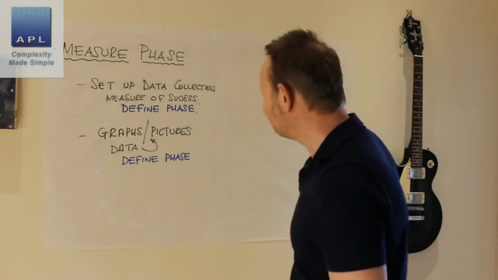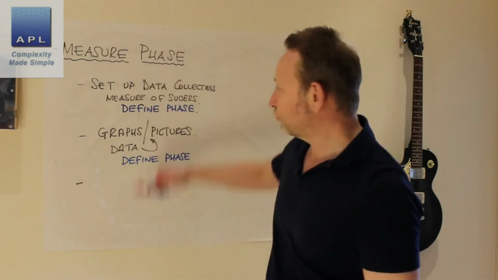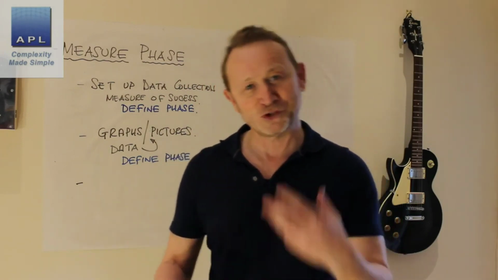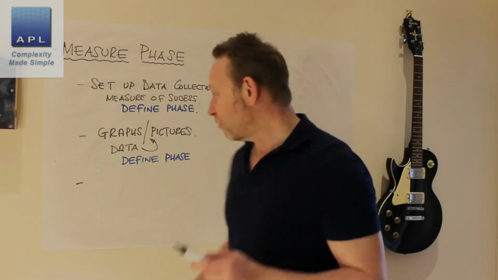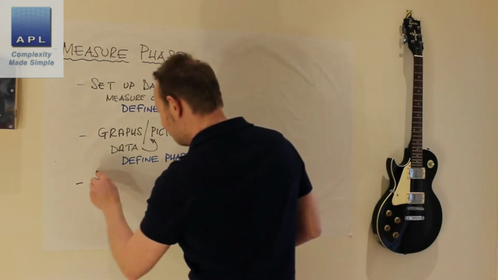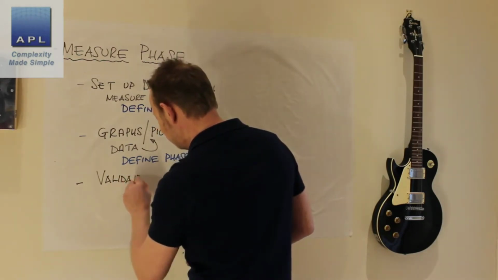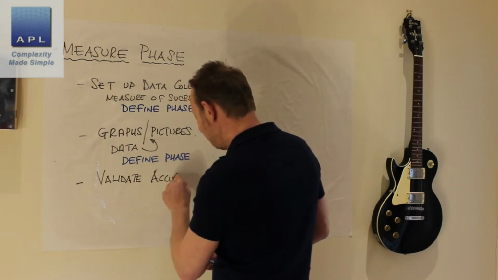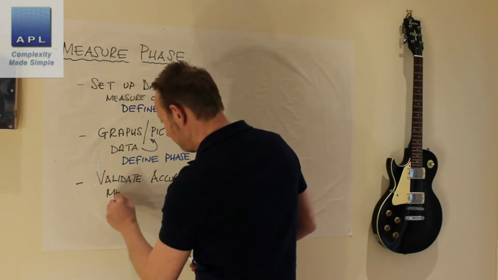Okay, what else? Well, let's say you have the measure set up. It was already there. You already have the graphs and the things. That's how the problem was identified in the first place, and you know what you're going to do next. Well, one of the things you need to do now is to validate. You need to validate the accuracy of the measure.